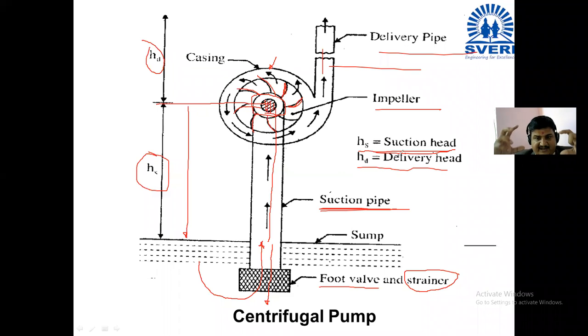Means the delivery pipe and suction pipe are attached to the cover of the pump, and that particular cover is known as the casing of your centrifugal pump. So these are very important mechanical elements of your mechanism.